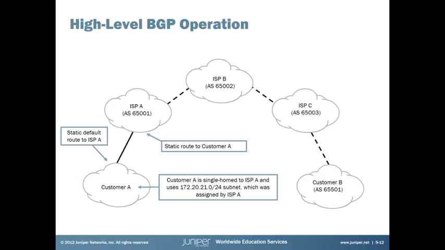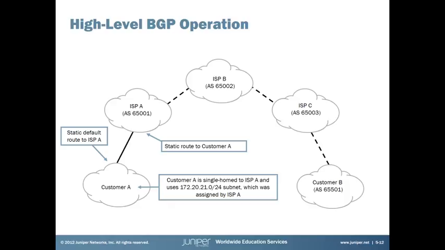So any traffic that is received by ISP A for customer A, well, ISP A has got a static route to direct traffic out the appropriate interface of the appropriate router to reach customer A. A little note here, customer A is using the 172.20.21.0/24 subnet, which was assigned by ISP A. So ISP A, from its block of addresses that it has received, assigns a part of that block to customer A.